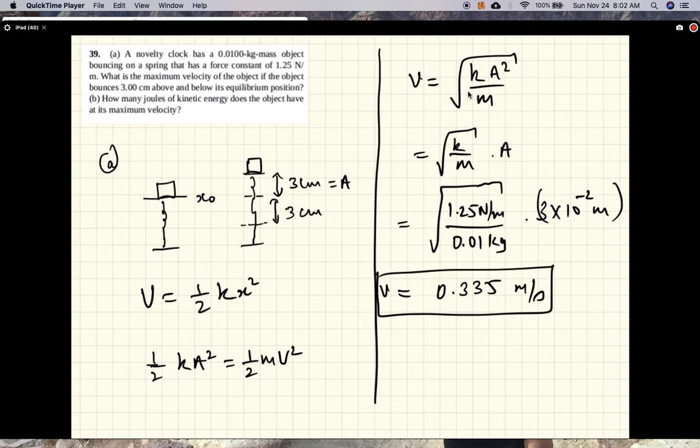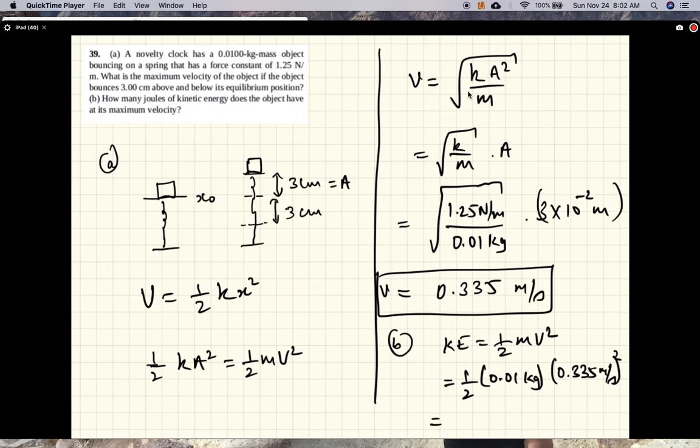And part B asks you, what is the kinetic energy when it's going at maximum velocity? 1/2 mv squared, which is 1/2 times 0.01 kg times 0.335 meters per second squared.